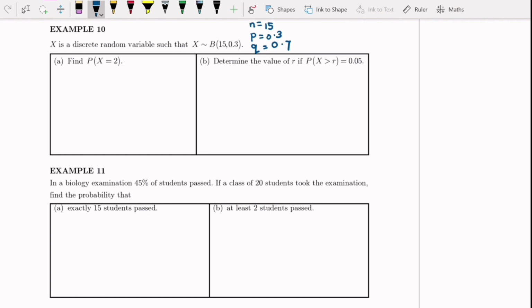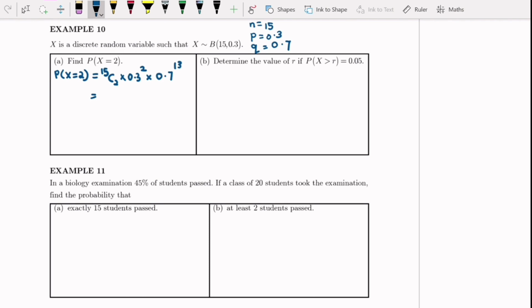To answer this question, probability X equals 2, we can use the formula. Probability X equals 2 is equal to nCx, so 15C2 times p to the power of x, 0.3 to the power of 2, times q to the power of n minus x, 0.7 to the power of 13.